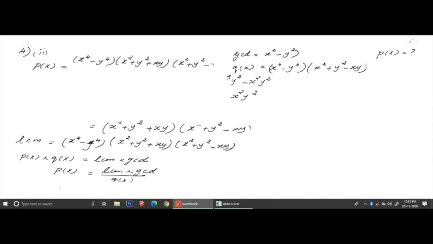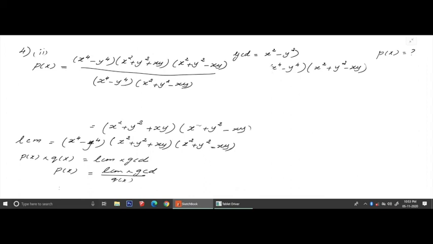LCM and what is your GCD? Write your q of x, x power 4 minus y power 4 into x square plus y square minus xy. What is your GCD, ma?